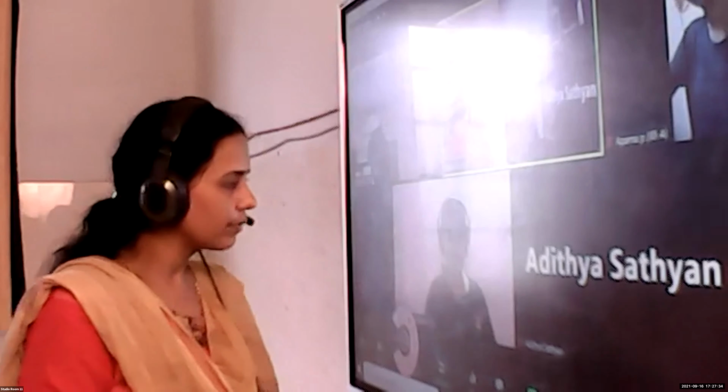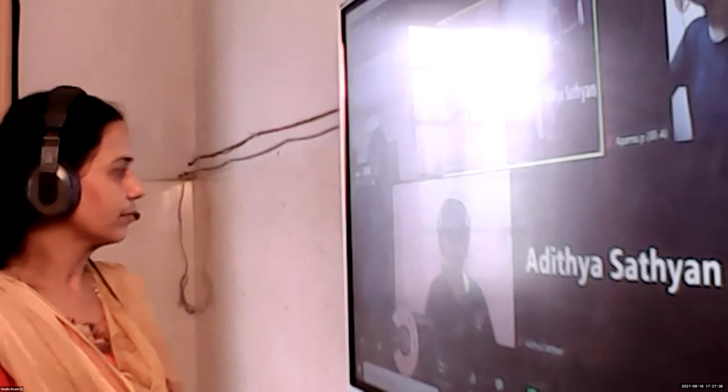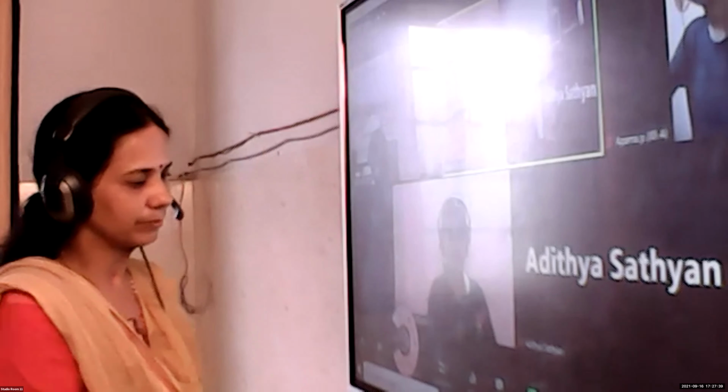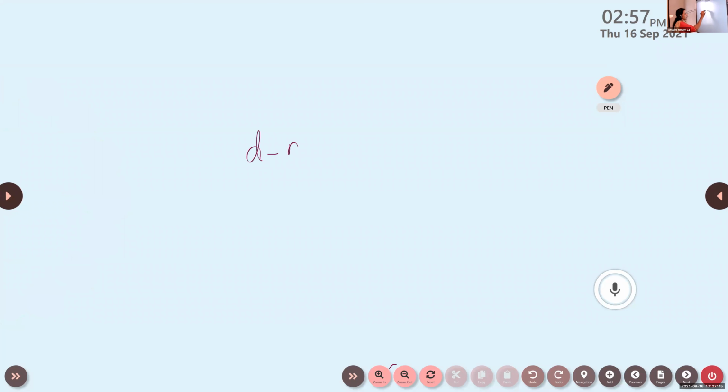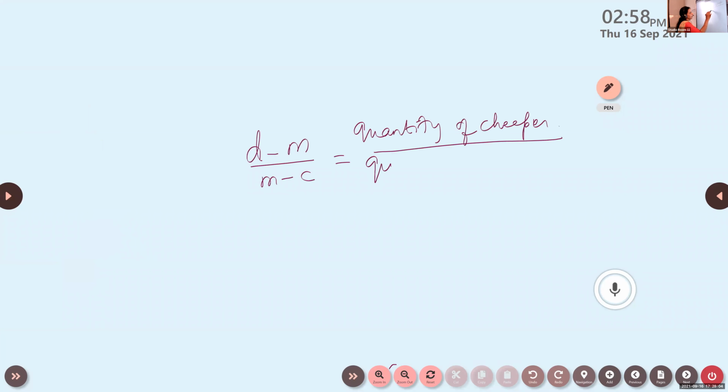What is the formula we learned here? What is the ratio of the mixture? (D minus M) by (M minus C) is equal to the quantity of cheaper ingredient by the quantity of dearer.